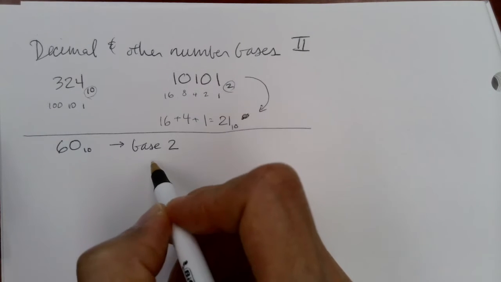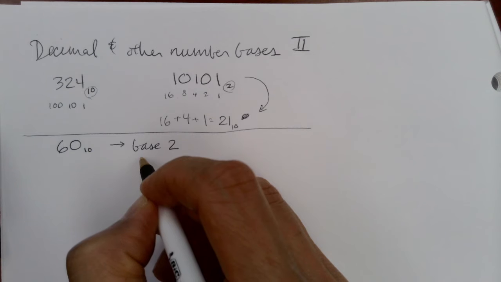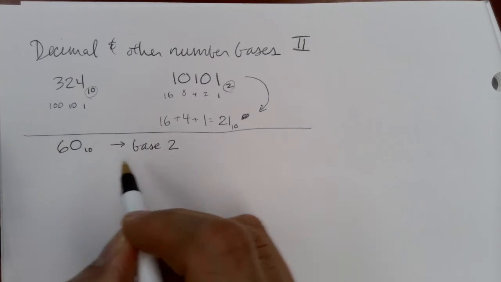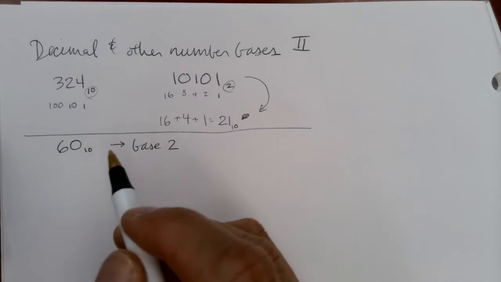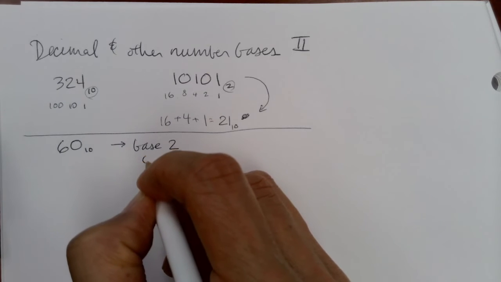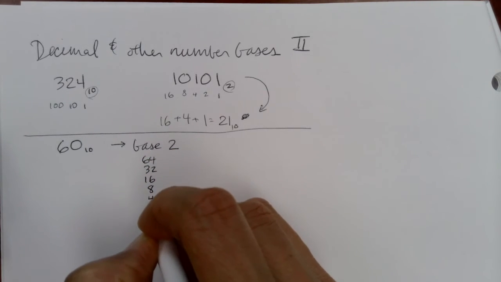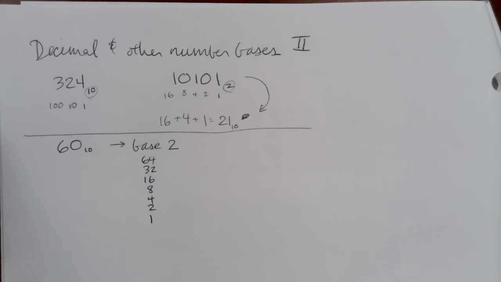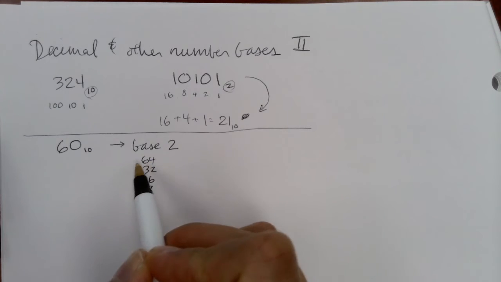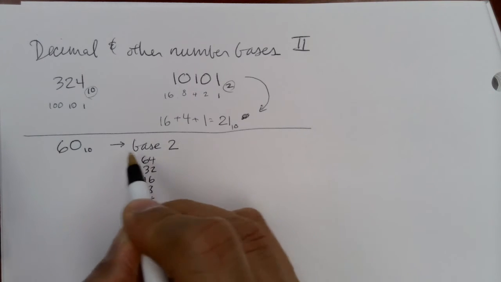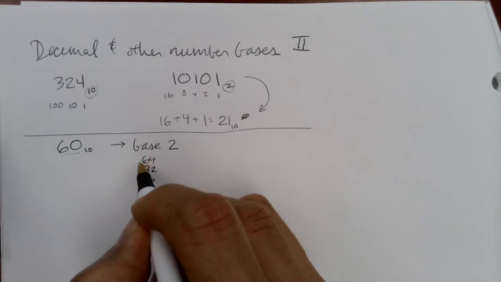Well, I'm going to look for what parts I need, or what powers of 2 I need to make up the number 60. And so I'll just list out those powers of 2. And notice I don't have 64 because I only need 60.